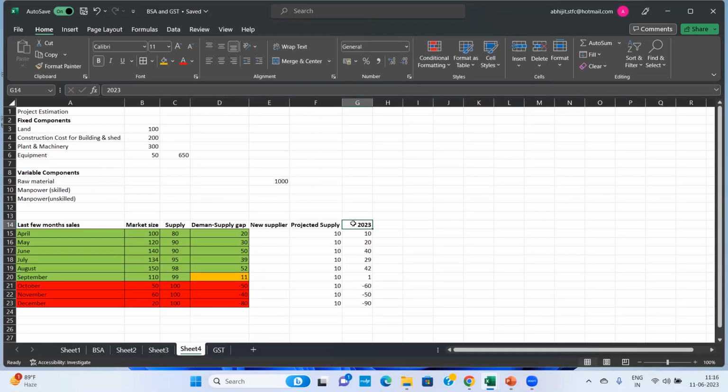But am I starting a business only for a year? Am I setting up a manufacturing unit only for a year? At least for 5 years.